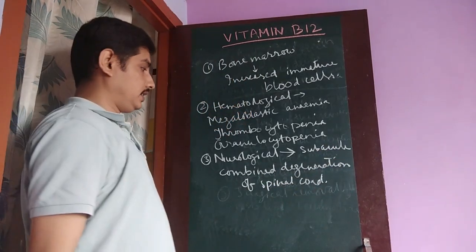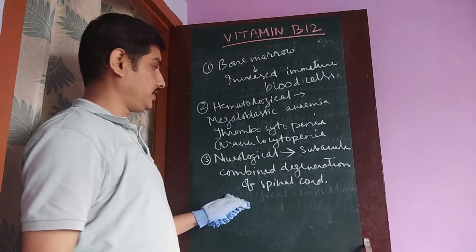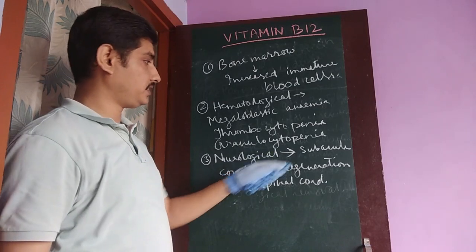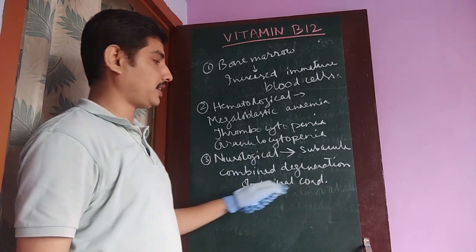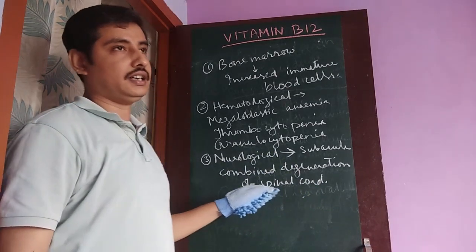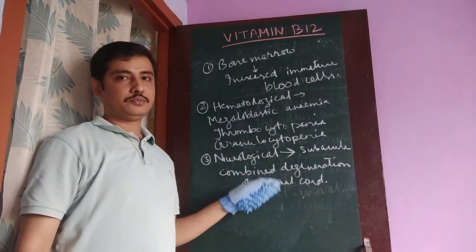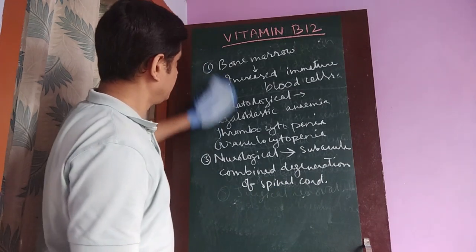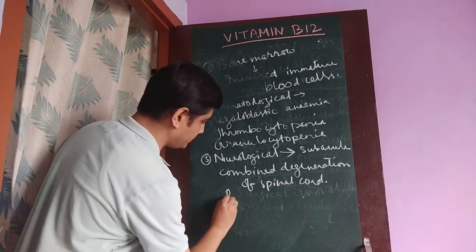Okay, this is specific for vitamin B12 deficiency in pernicious anemia. This neurological defect, subacute combined degeneration of the spinal cord, occurs because it involves both the motor and the sensory tract. And there is progressive demyelination.